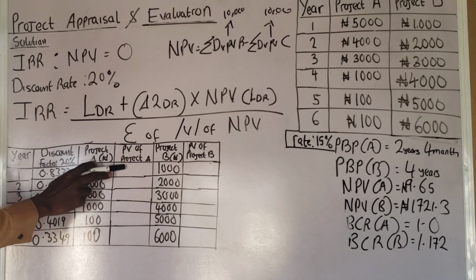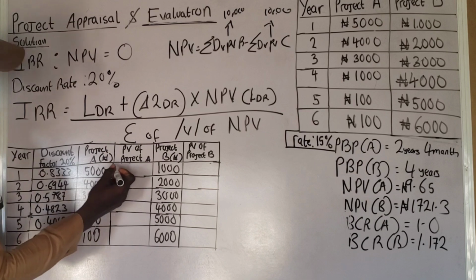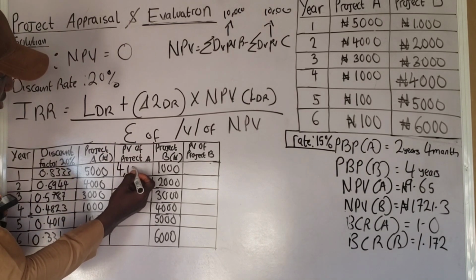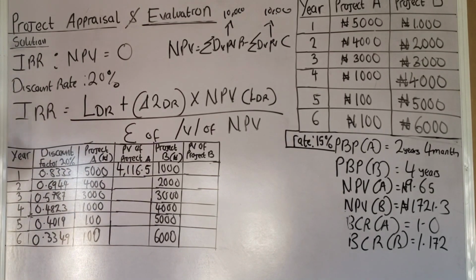So for these cells, I'm going to multiply 5,000 naira by 0.8333. That will give me 4,166.5. Please, I want to check something.